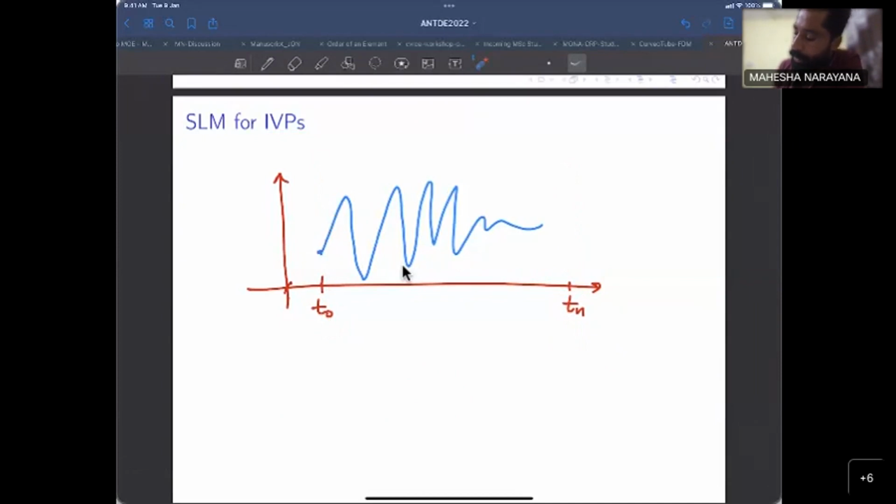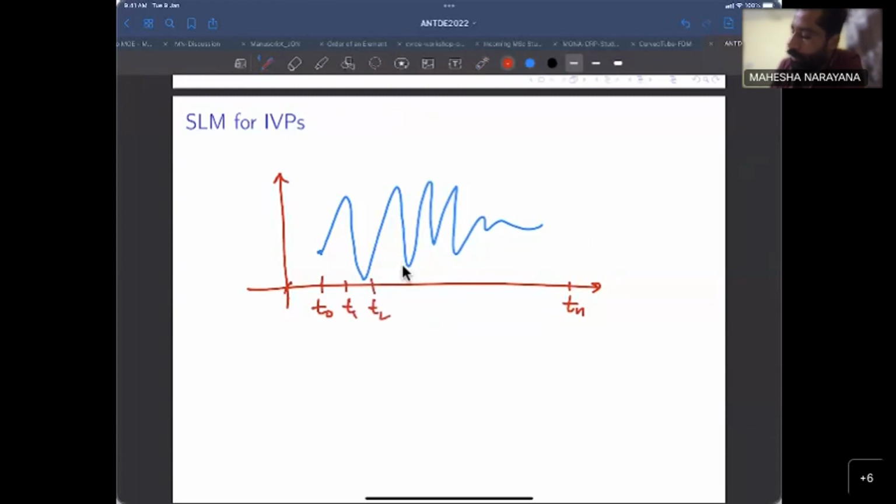So we have to go for a multi-stepping version. That means you will have to take small intervals, T1, T2, and so on, and solve the problem over each interval.